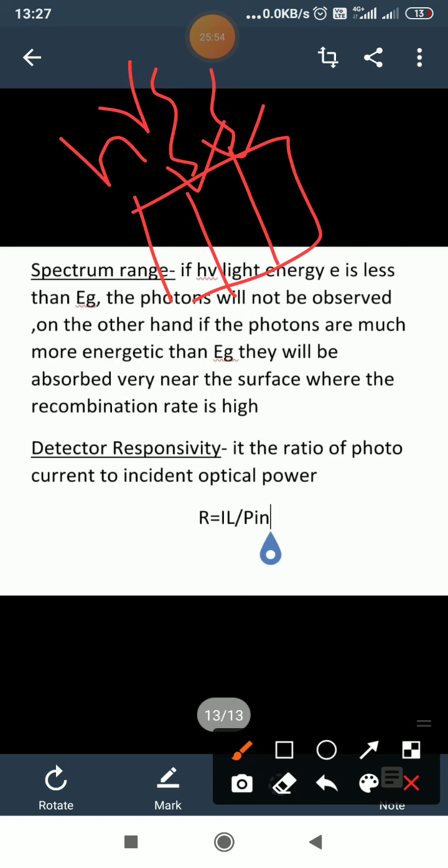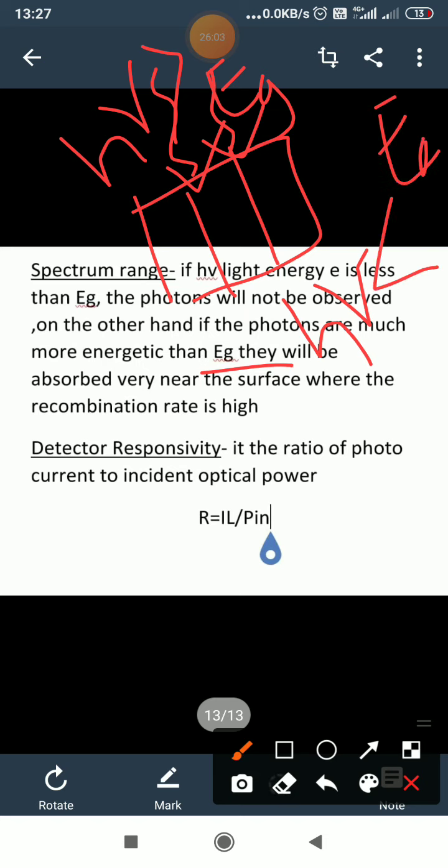It should be greater than the value of Eg, then only the electron hole pair will be generated. That is explained over here. If this h nu is less than the Eg, then what happens? EHPs are not generated, because the light which is incident on the particular region has to cross the energy gap, then only EHPs will be generated. That is nothing but the spectrum range.